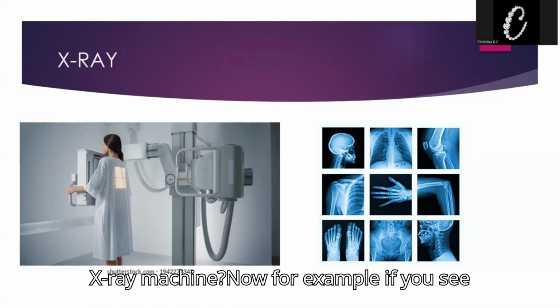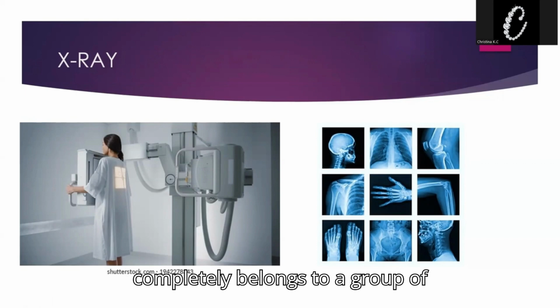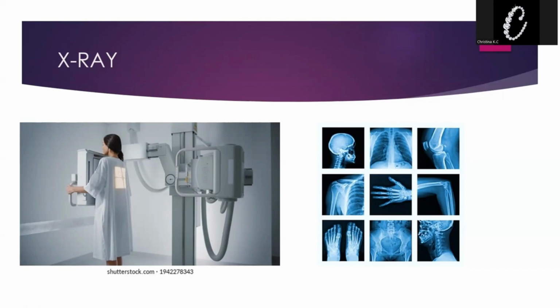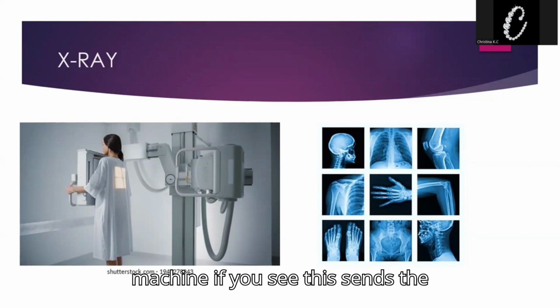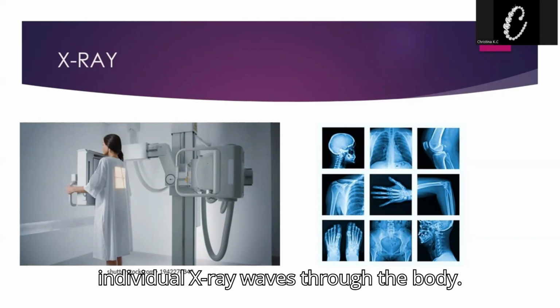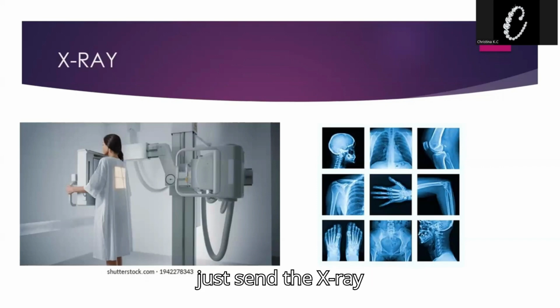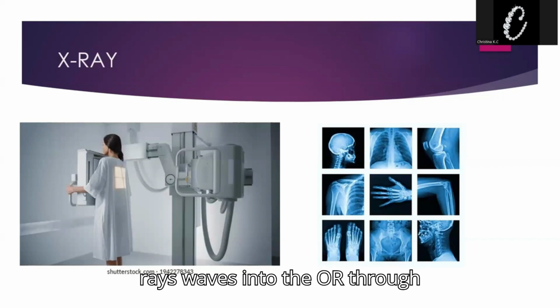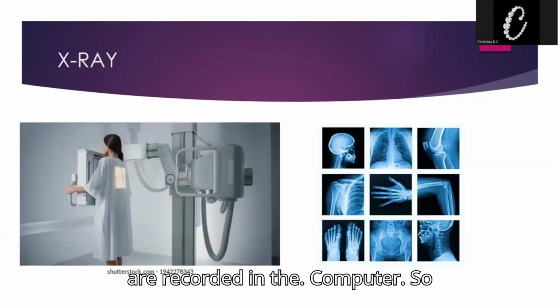It belongs to a group of radiation called electromagnetic radiation. This machine sends the individual X-ray waves through the body of the patient, and the images are recorded in the computer.